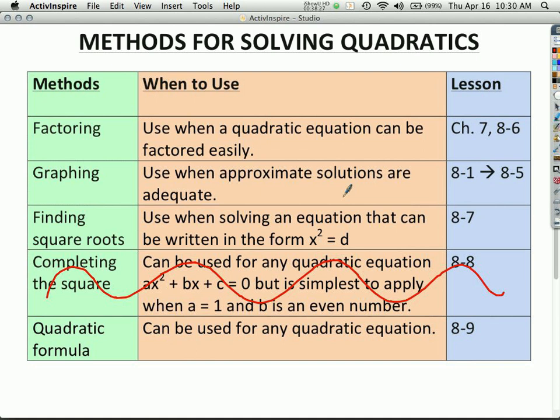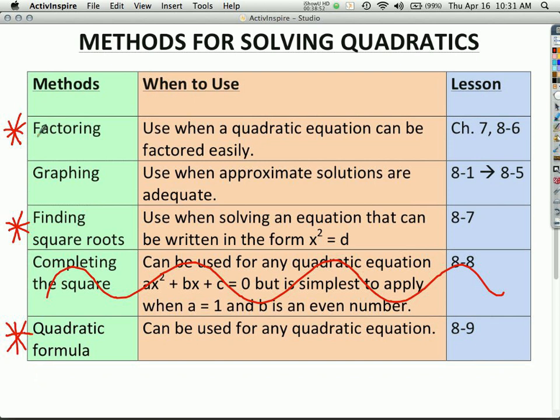So what I'm thinking is that the best tools in our toolbox right now are factoring, finding square roots, and the quadratic formula. And it should probably happen in this order. You should probably check if this will work first, then check to see if that will work, and if that won't work, then try the quadratic formula.